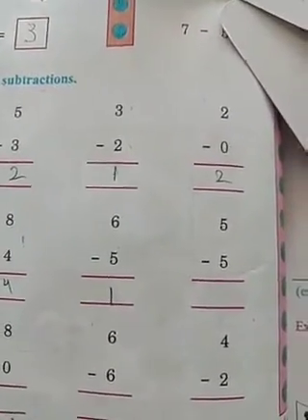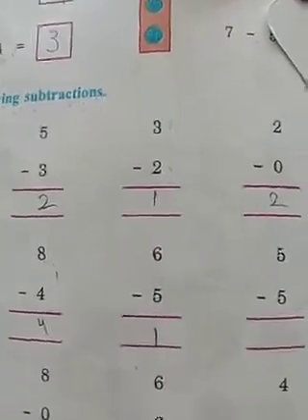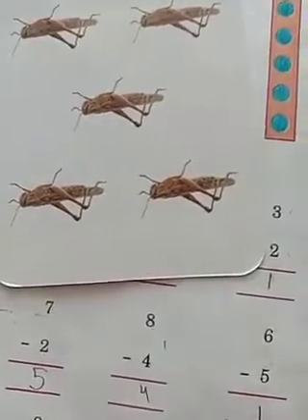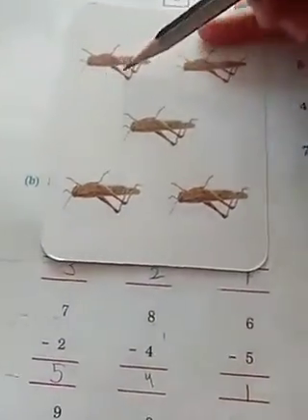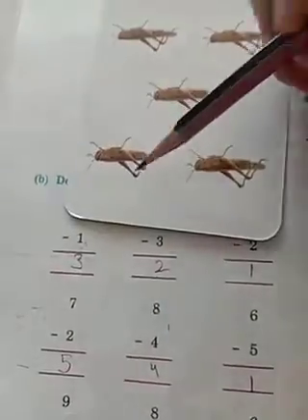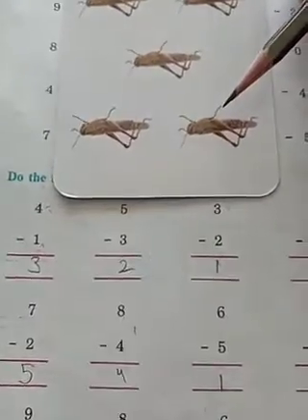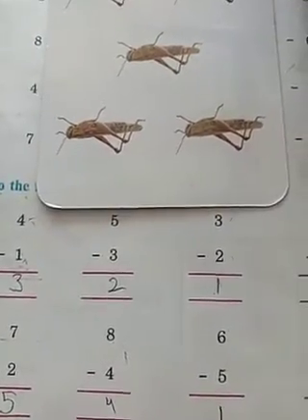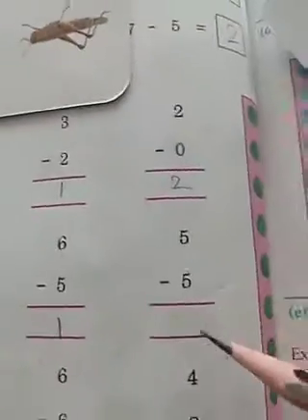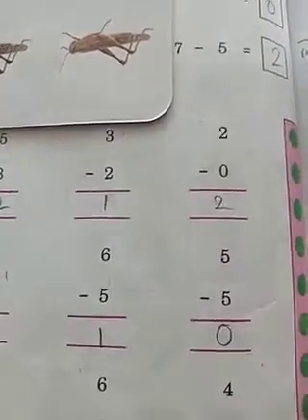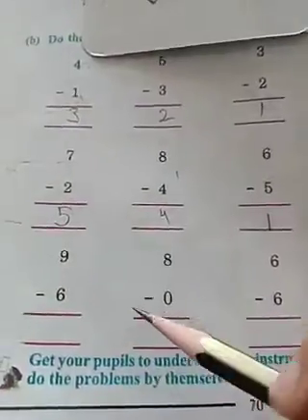So cut 1, 2, 3, 4, 5. All are cut. Nothing remains, no picture remains. So 5 minus 5 equals nothing, which means 0.